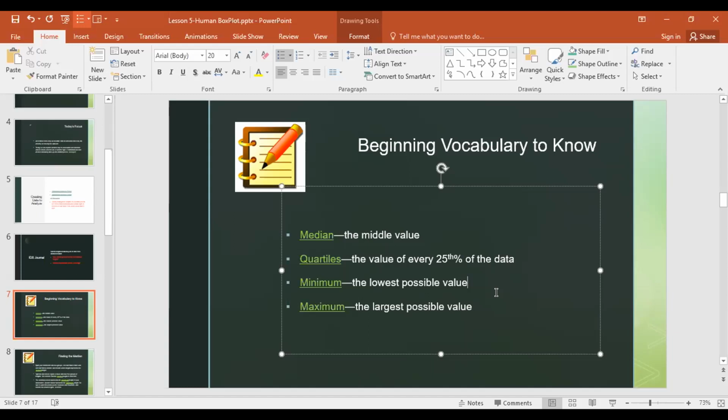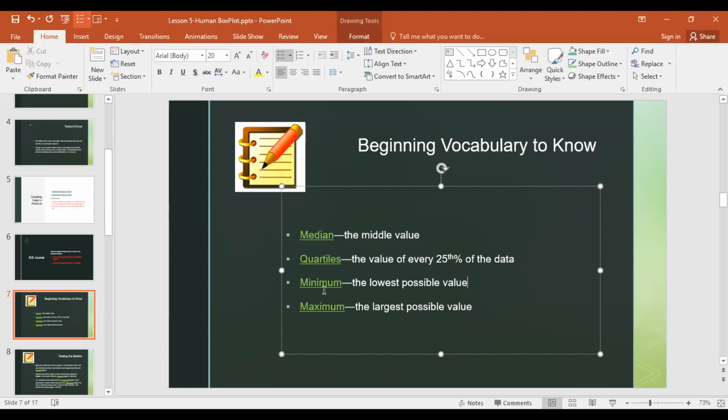And then we have something called quartiles. It stems from the word quarter or quart, right? If you think about the word quart or quarter, hopefully the idea of four parts or 25 cents or 25% comes to mind. Essentially, quartiles are sections that we break our data into, and each section represents 25% of the data.